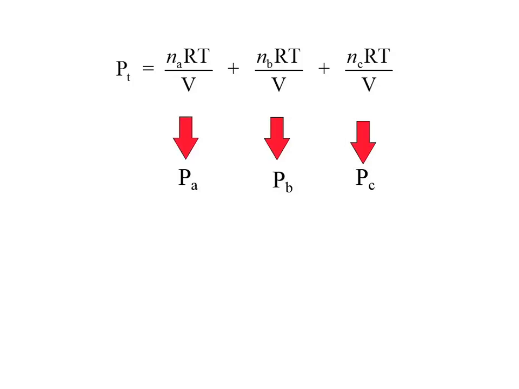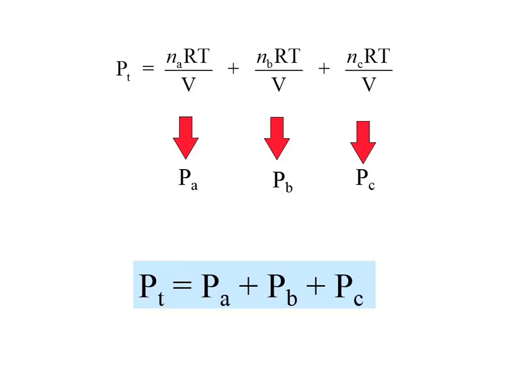We're finally building to something that's called Dalton's law of partial pressures, and here it is. According to Dalton's law of partial pressures, it's exactly what we saw a minute ago. If you have a mixture of gases, of course a homogeneous mixture, the total pressure they exert is equal to the sum of their individual partial pressures. That's it.